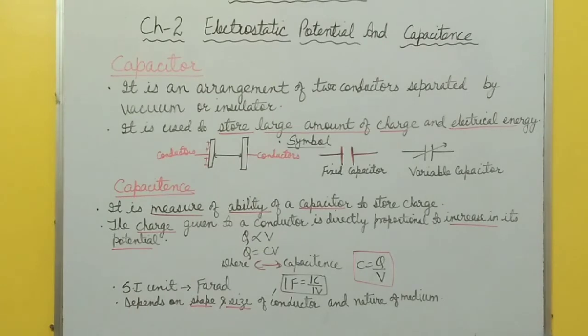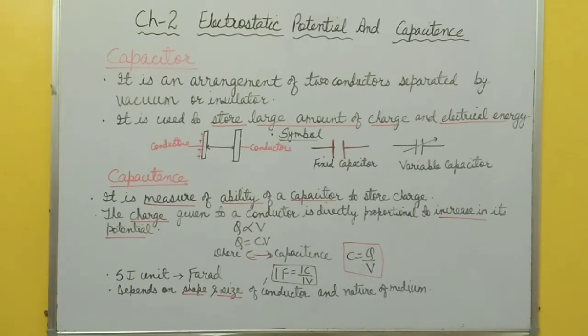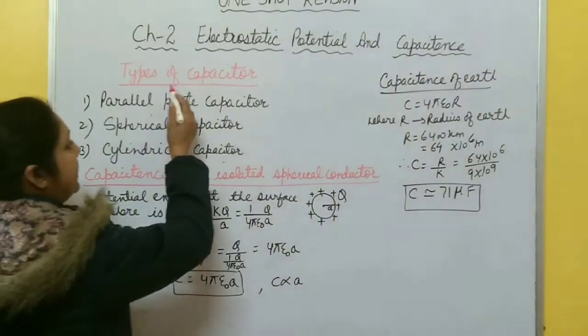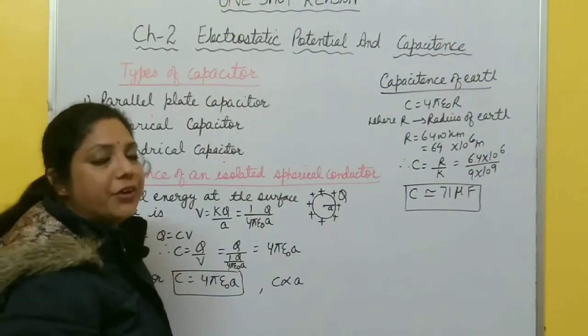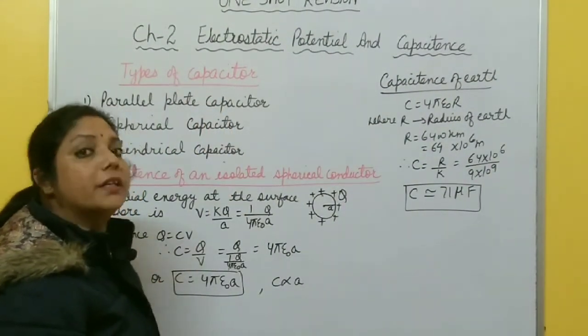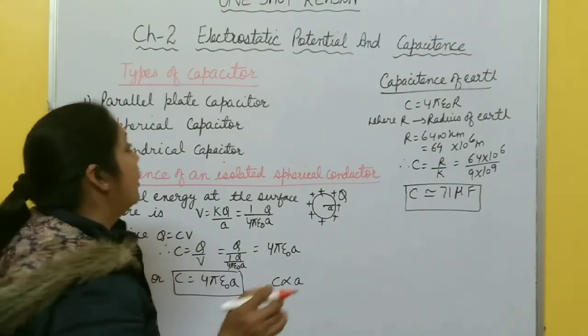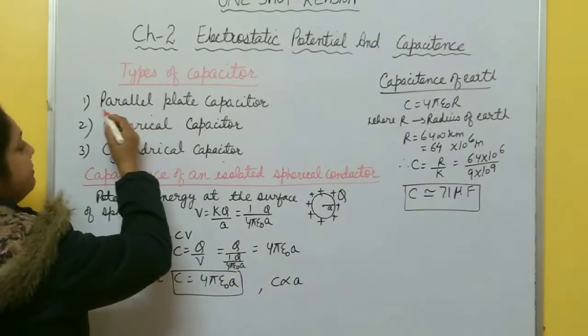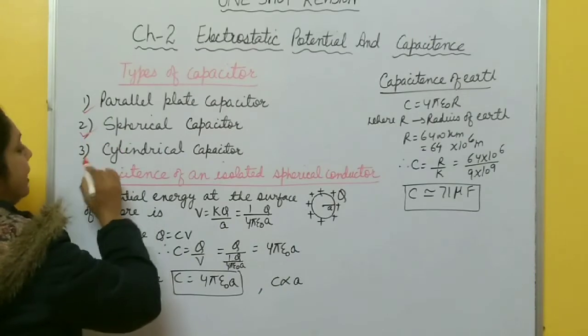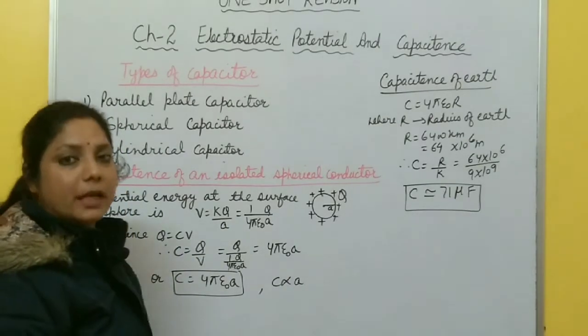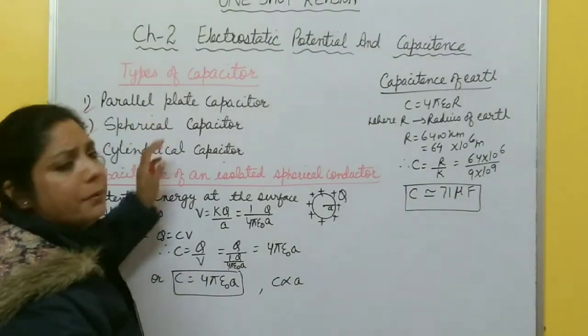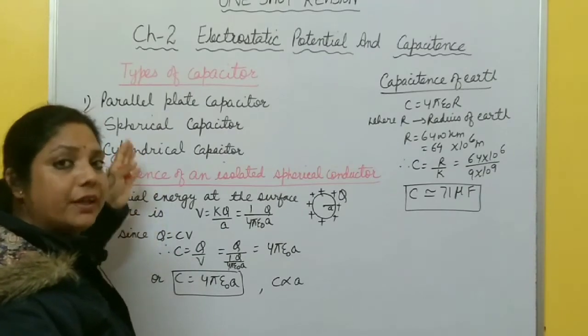After this, we'll discuss different types of capacitor. Please take a screenshot. The next topic is types of capacitor. You already know what a capacitor is, what capacitance is, right? Now there are different types of capacitor: parallel plate capacitor, spherical capacitor and cylindrical capacitor. It is not so important, but still you must know the different types of capacitor.